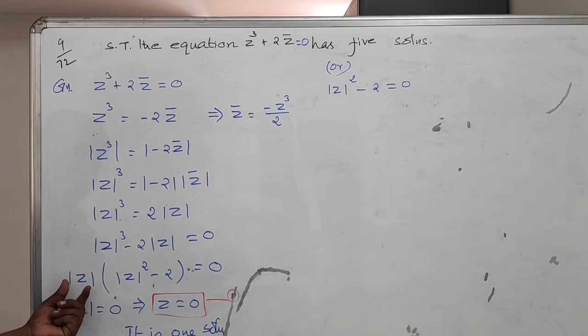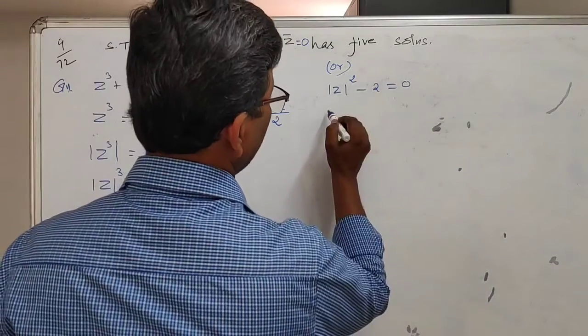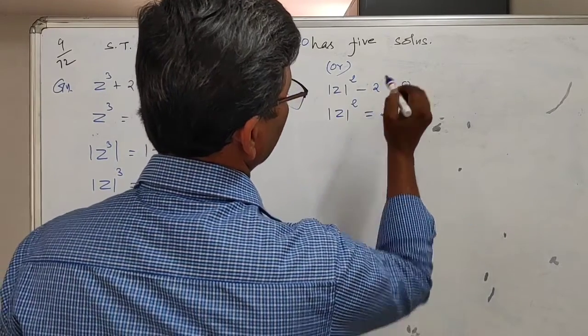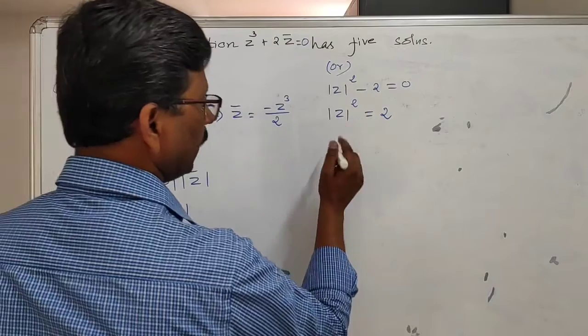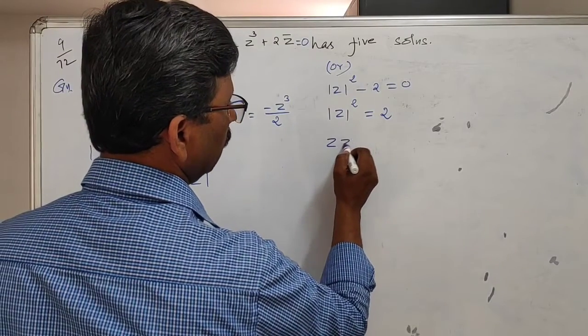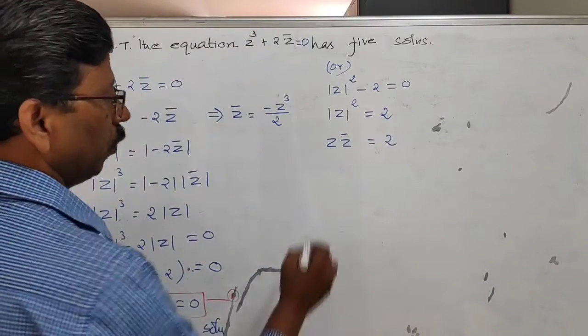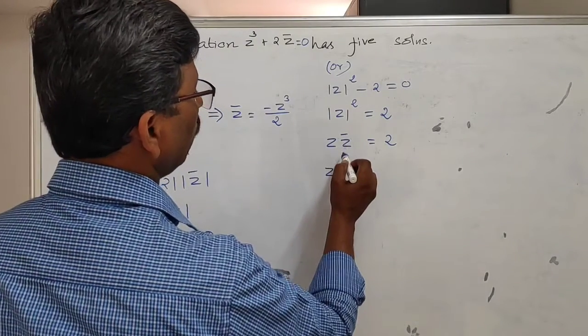Either this product is equal to 0 or this is equal to 0. Now here you can take minus 2 to the right hand side. You can write modulus z squared is equal to 2. Now we know very well modulus z squared can be written as z into z bar, which is equal to 2.